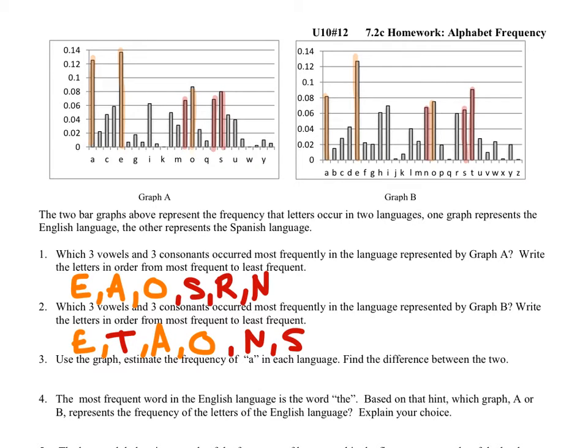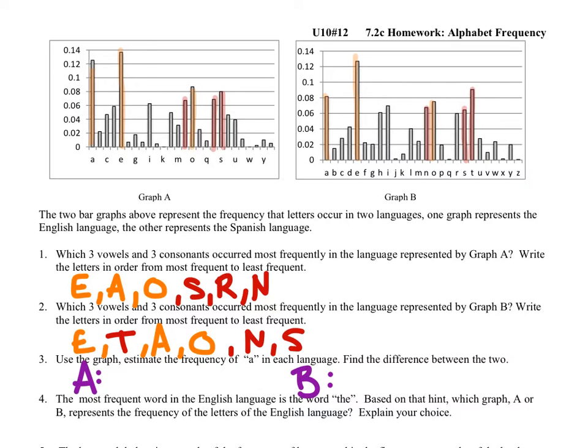Use the graph, estimate the frequency of A in each language, find the difference between the 2. So we'll start with graph A, and then we will also look at graph B. Find the difference between the 2? Sure. So right account in graph A, this one is just a little bit beyond 0.12. It doesn't look like it's halfway up there, so it's not 0.13.